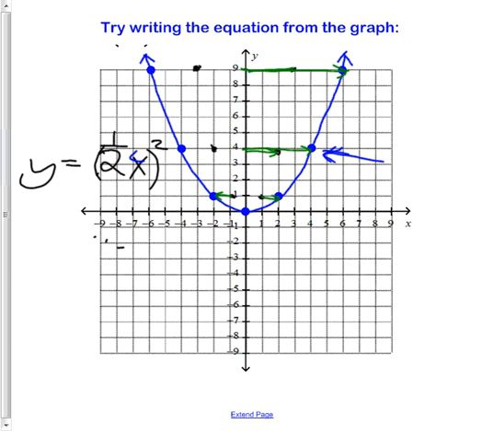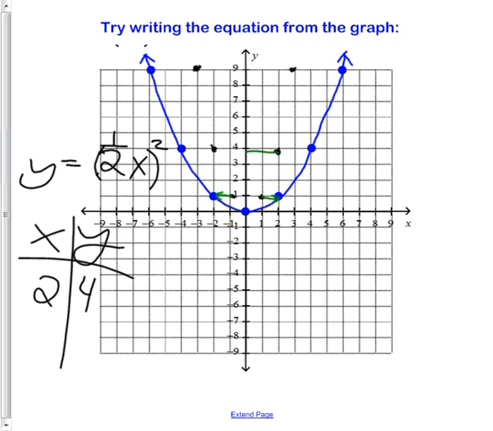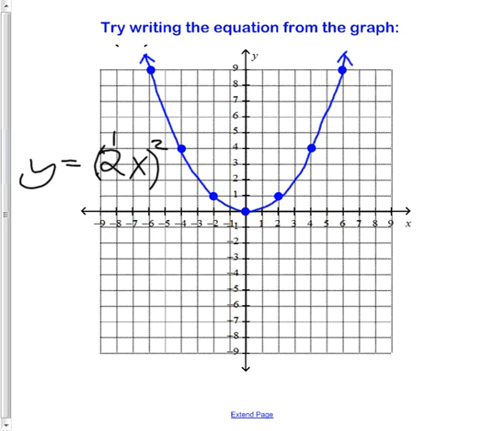That's what I'm trying to say here. So if I think that I've got the right answer, then I can take any point on here. I'll try this one now. 6 comma 9 should fit into this. If I put in a 6 for the x, I should get a total of 9 out. What's 1/2 of 6? 3 squared is? It worked. So checking your work is just so smart.